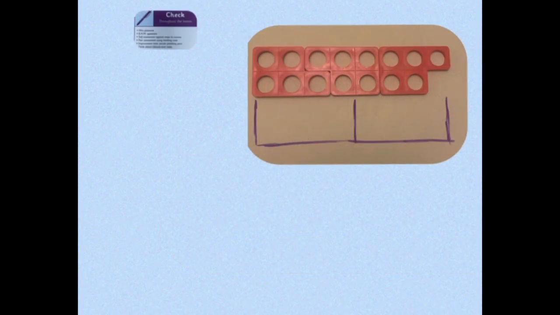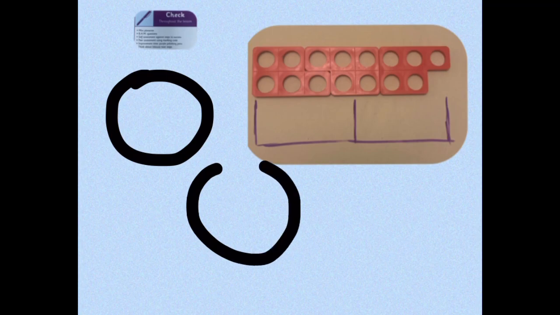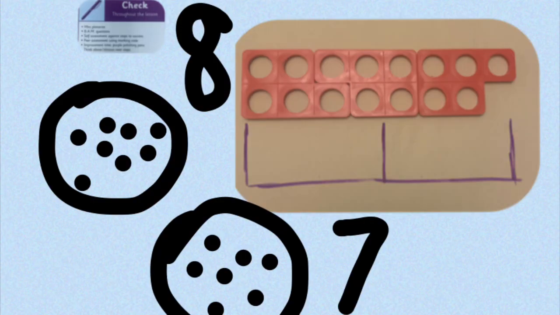Time for our check then. So I know I've got 15. I know that's the number I'm starting with and I'm dividing by 2. So I'm going to draw my 2 circles and share out again. So 1, 2, keep counting with me. Okay, and then when we've shared them all out, we're going to count how many are in each circle.